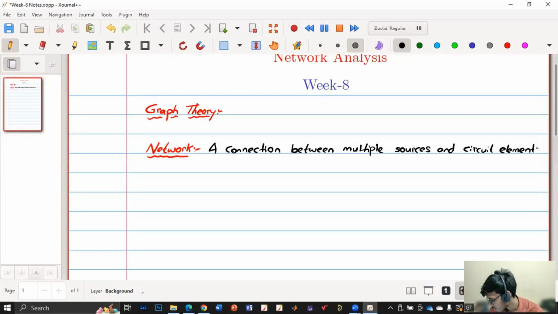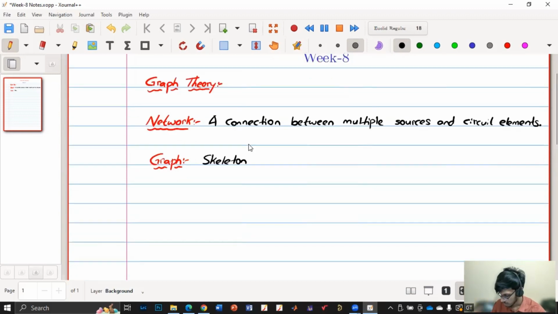For a given network, first we'll be drawing a graph. So what is the definition of a graph? A graph is basically like a skeleton of the network. First we'll understand the definition, then we'll take one example and I will explain what a graph is and how to draw it, a skeleton of a network.